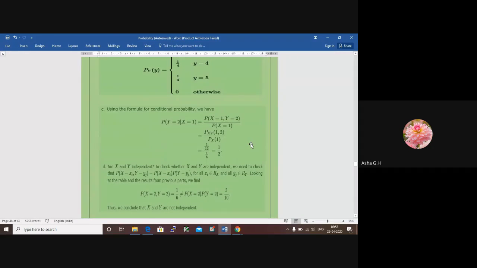Probability of x is equal to 2, y is equal to 2 is equal to 1 upon 6, if you just look at that table. Also we have to again find out the marginal probabilities here. Probability that x is equal to 2 and y is equal to 2 is equal to 1 upon 6 from the table. If it is equal to the probability of x equal to 2 into probability of y equal to 2, then they are independent.